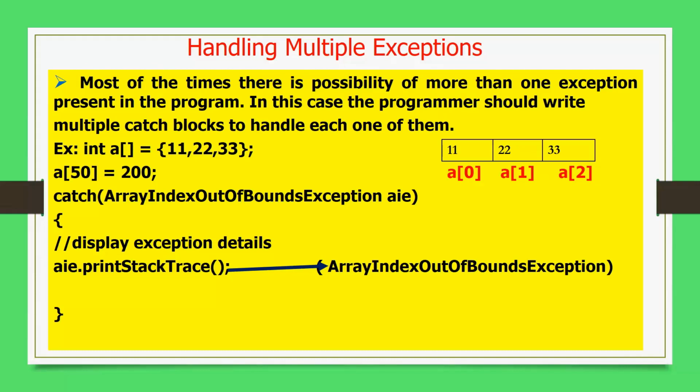Index of the array represents the element position in the array. So in this case, the index is from 0 to 2. Since there are 3 elements, there is no index like 50. But if you observe, here we are trying to store 200 at index position 50 in the second statement. That is, you can see A of 50 equal to 200. This leads to an exception called ArrayIndexOutOfBoundsException.